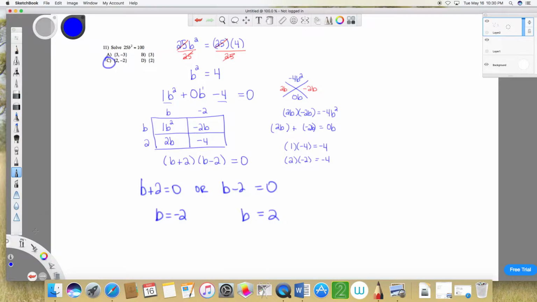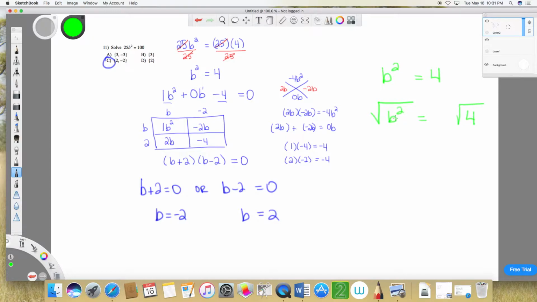Now, like I said, in class, when I got to b squared is equal to 4, I simply took the square root of each side. If I take the square root of b squared, then on the right-hand side I take the square root of 4.